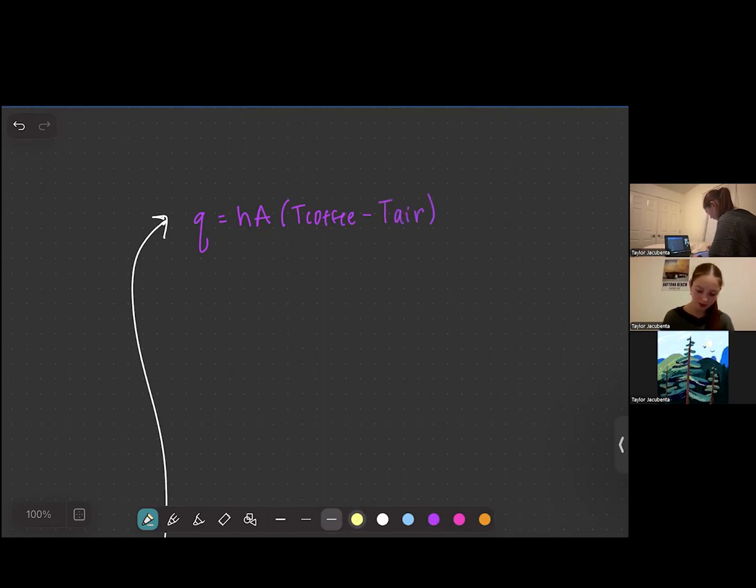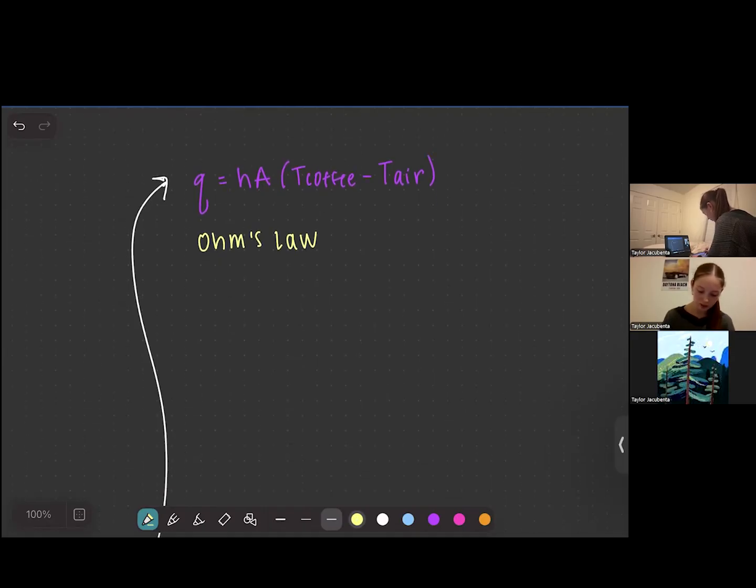And we are going to relate this using Ohm's law as an analogy. So we have for Ohm's law, change in voltage is equal to the current times the resistor. And we are going to have two different forms of this equation, one for conduction, and we're going to have another one for convection.